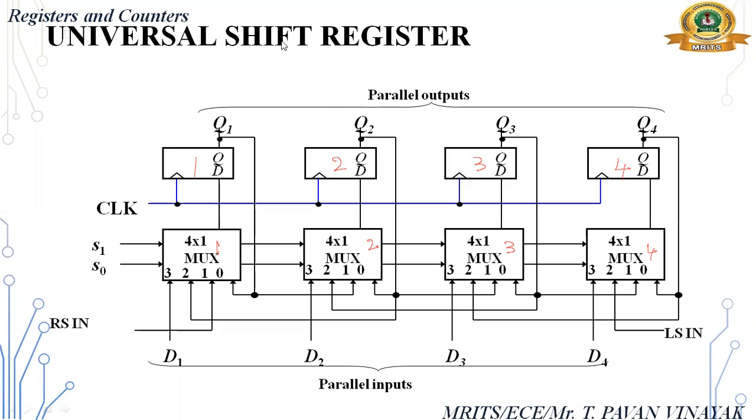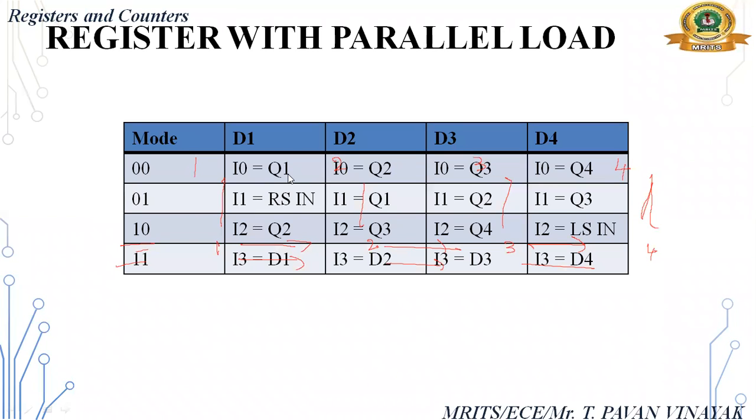Each multiplexer output is connected to D. I am giving the selection lines S0, S1 directly to all the multiplexers. Next, for the first mux, the D1 mux, what are the values? Let us see the previous table: Q1, RS in, Q2, D1, right?